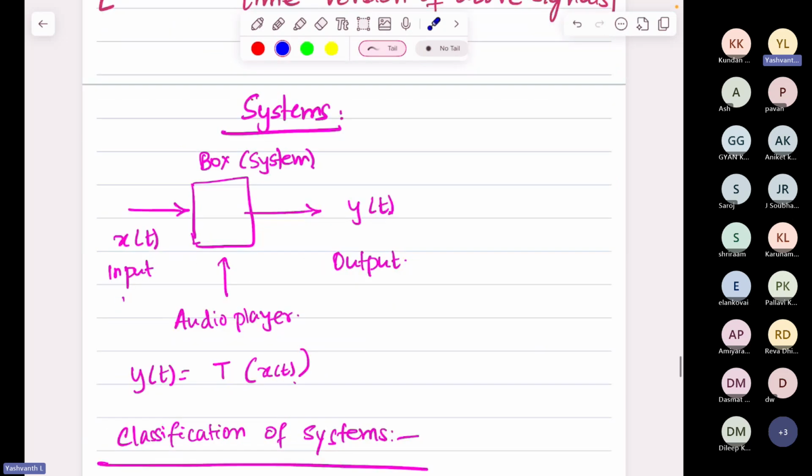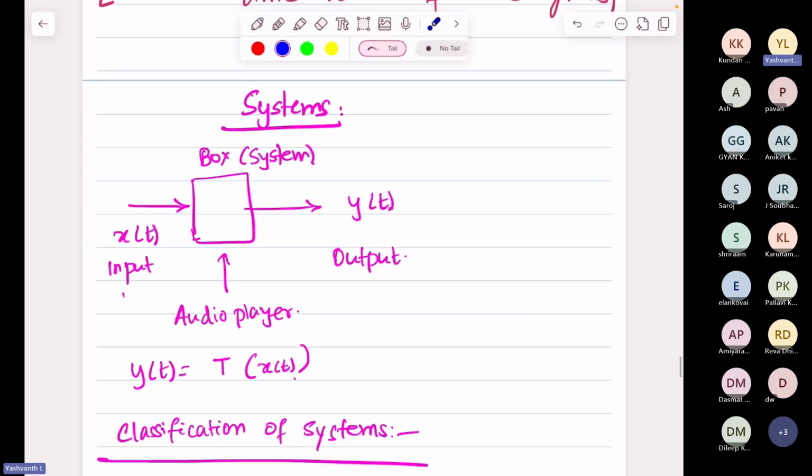Now, last part of the summary on introduction to systems. Now, what is a system? A system is something that basically processes an input signal and gives an output signal. For example, you pass input x of t. It's some box that does some mathematical operation. We don't know, but the output will be y of t, which is called the output. An example is an audio player.